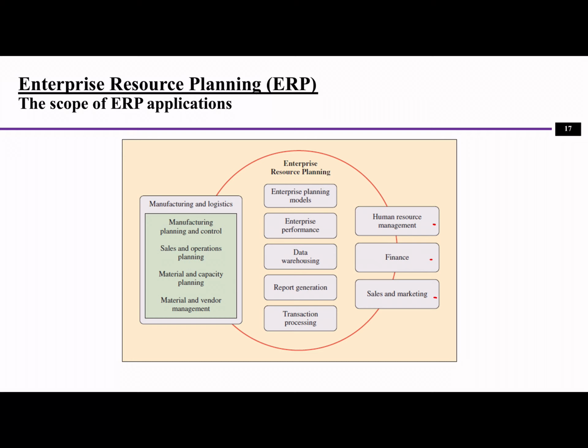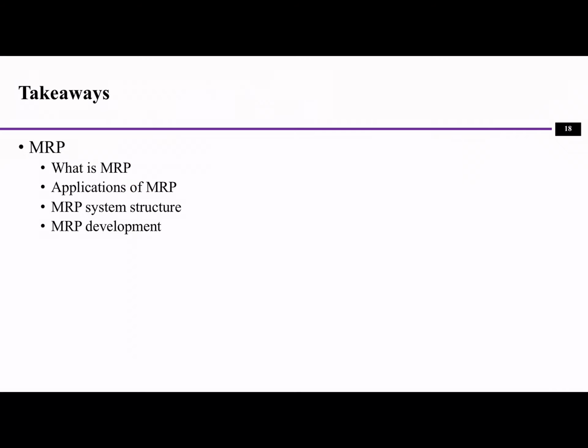And also, we generate some measurements of the performance of the system, and all the data warehousing, inventory controls, report generating, and also transaction processing. You can do all that in the ERP system. Of course, manufacturing and logistics are always part of the ERP system.